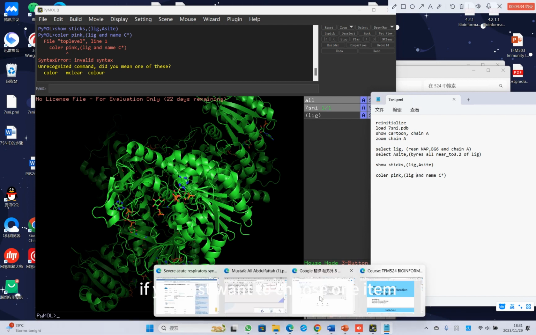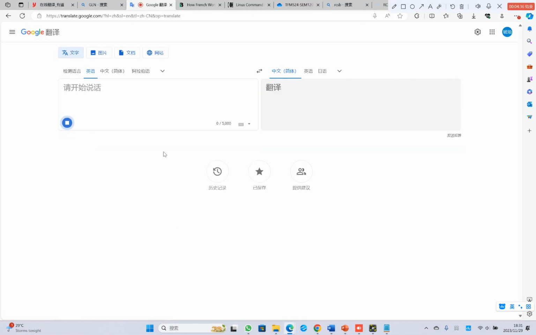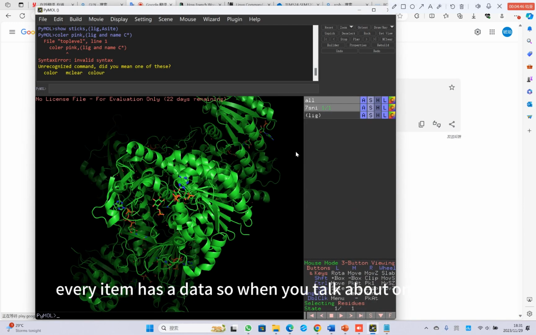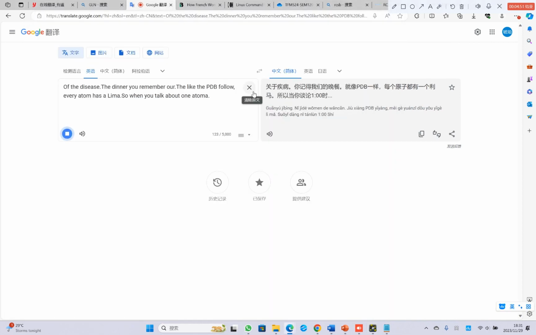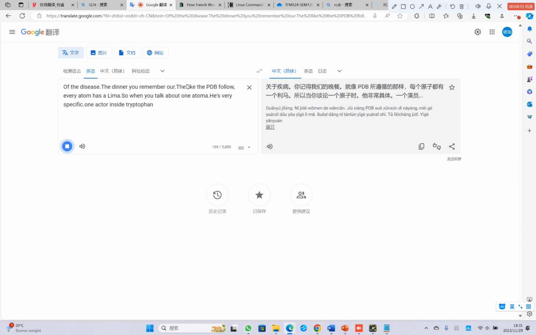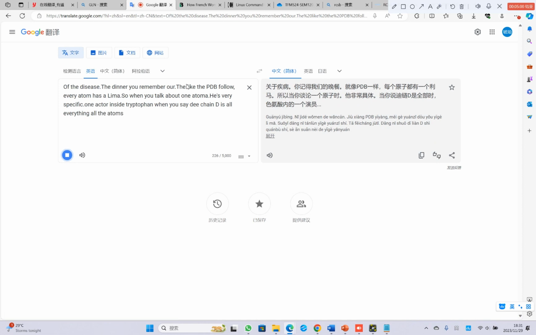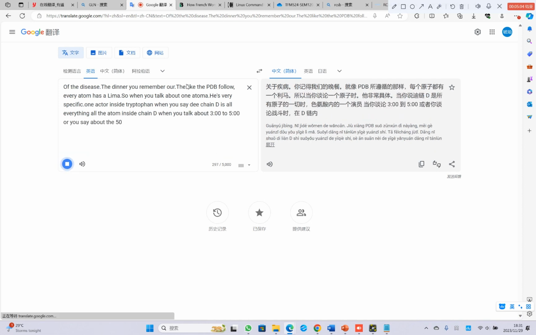But what if you just want to choose one atom from the glycine? Again, you will remember our PDB file. Every atom has a name. So when you talk about one atom, it's very specific. One atom inside tryptophan. When you say chain D, it's all the atoms inside chain D. When you talk about tryptophan, or you say residue 509, it's all the atoms inside this residue.